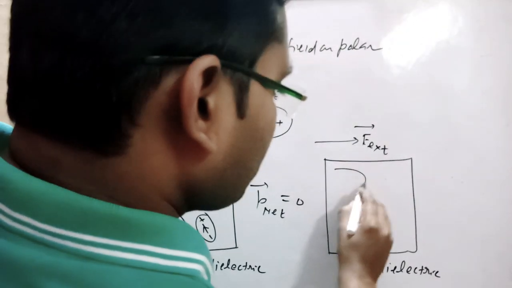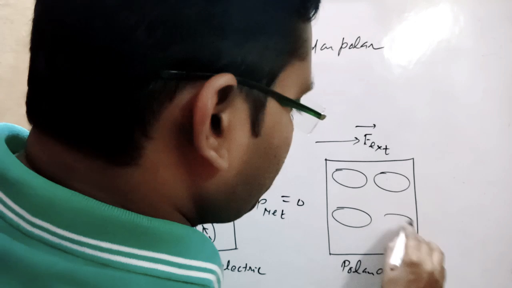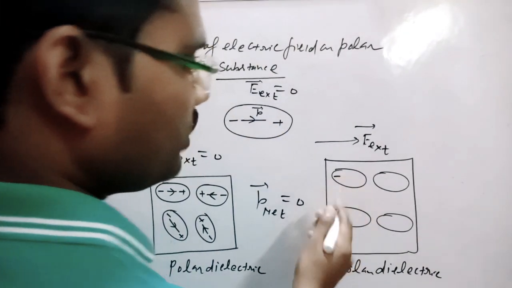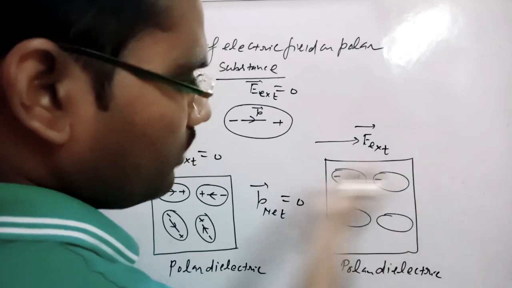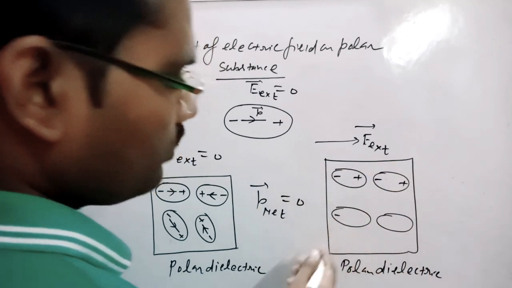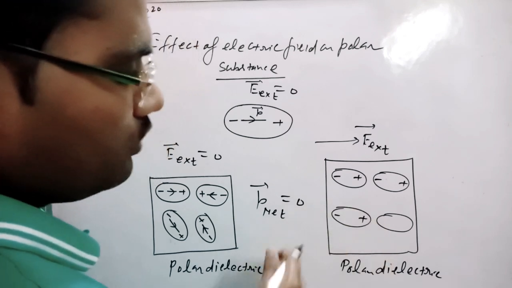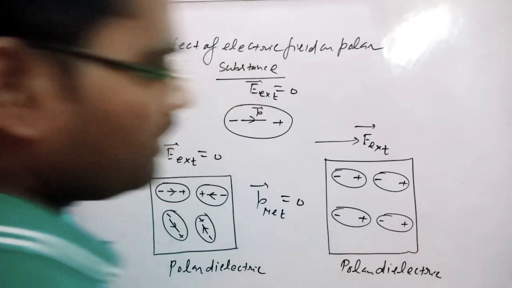That means this type of alignment: negative comes opposite to the field, positive in the direction of the field. This one is the negative and this one is the positive.